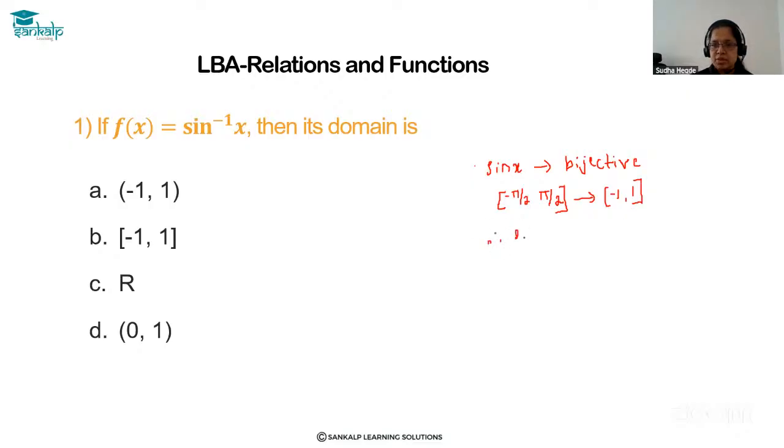Therefore, for sine inverse x, you know, if f is from A to B, f inverse will be from B to A. In the same way, sine inverse x will be from minus 1 to 1 to minus pi by 2 to pi by 2.